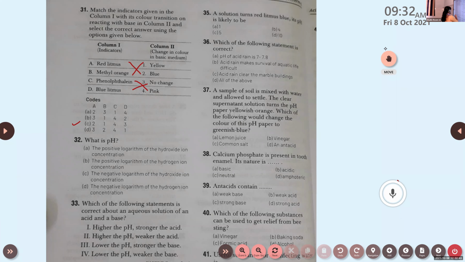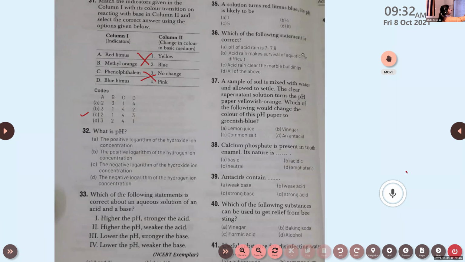So we can just copy this definition for the pH. It is the negative logarithm of hydrogen ion concentration. Okay, what is pH? It is the negative logarithm of hydrogen ion concentration. Just copy this point. Just note this point.